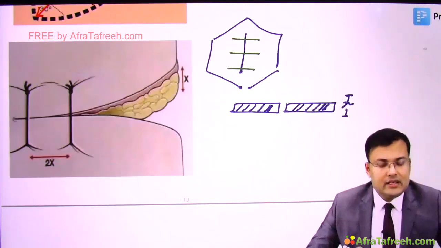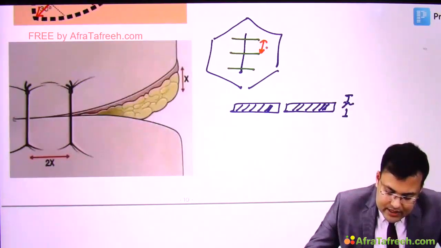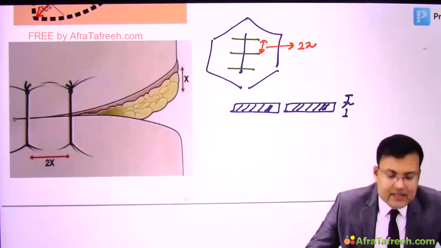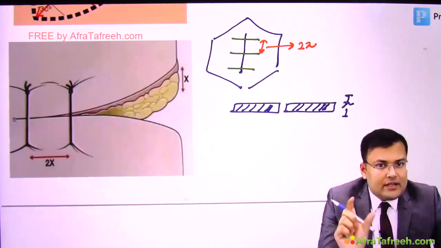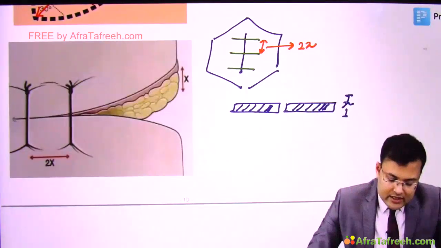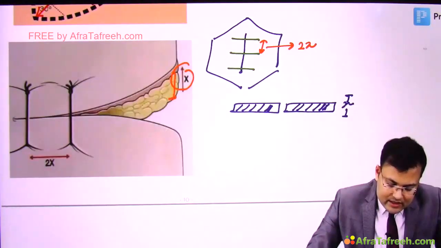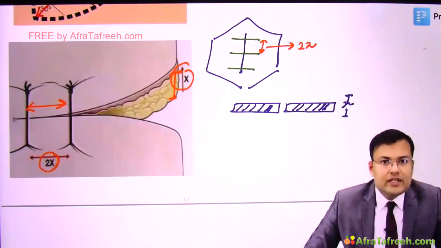If the skin thickness is x, what should be the distance between the sutures? Yes, it should be 2x. So for skin suturing, what is the ratio of distance between the sutures to the skin thickness? Here you can see the skin thickness is x and the distance between sutures is 2x, right?